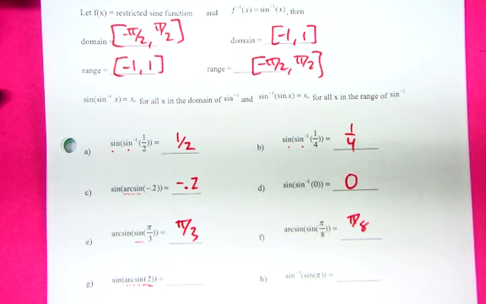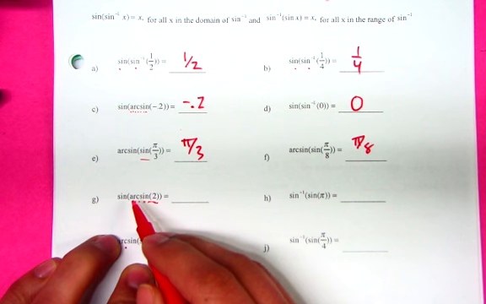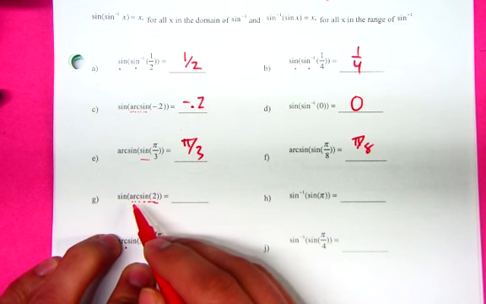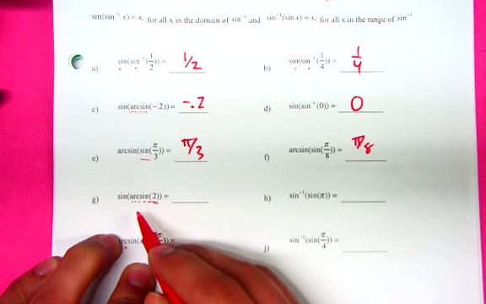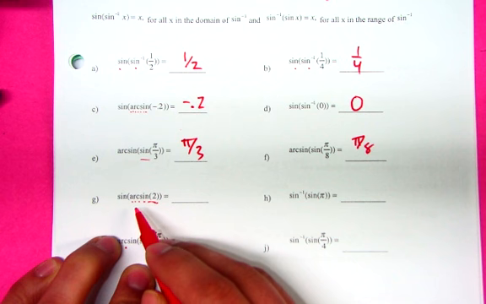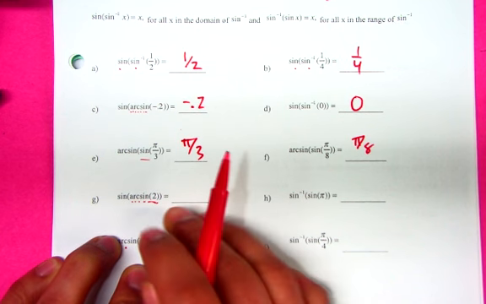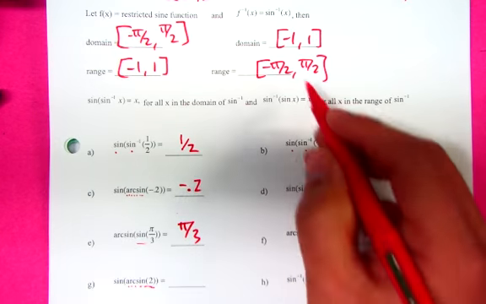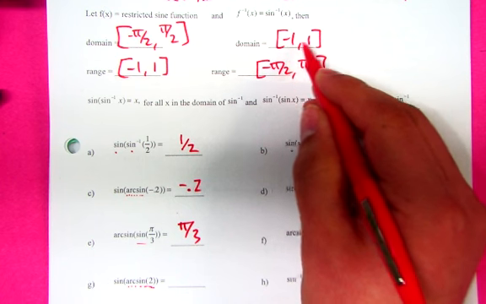What function should you be thinking about when you see this? What does arc mean? Kyle, what does arc mean? Inverse. So we should be thinking about the inverse sine. And Kyle, is 2 in the domain of inverse sine? It is not.